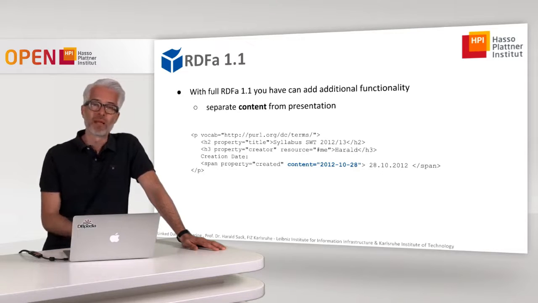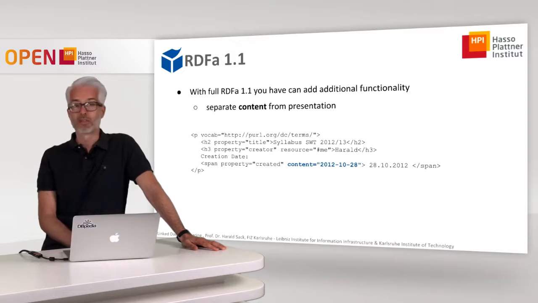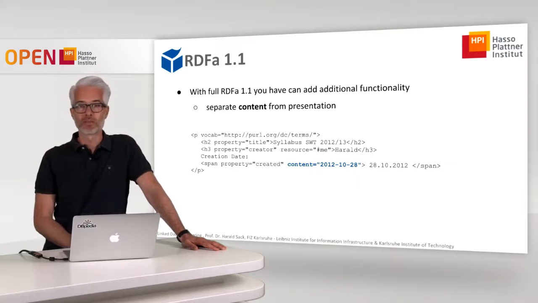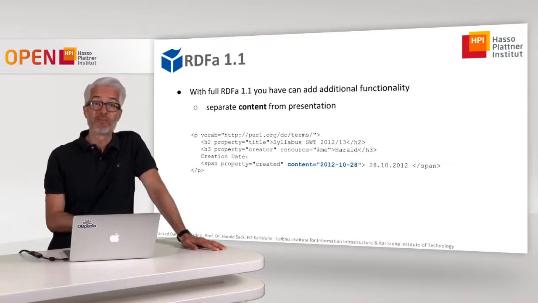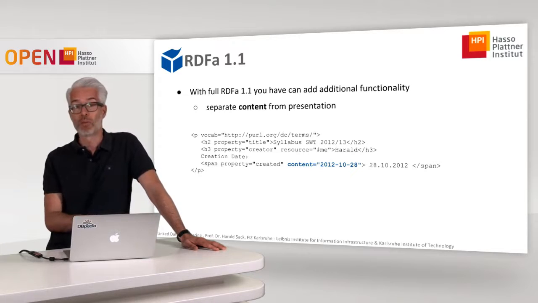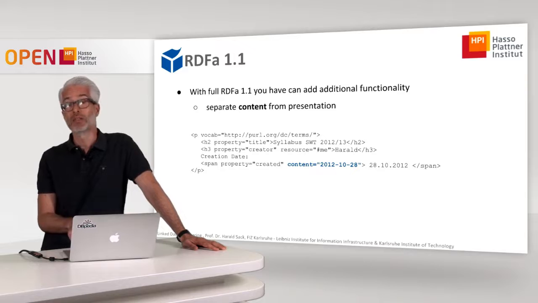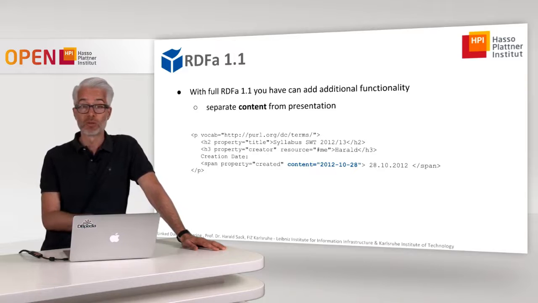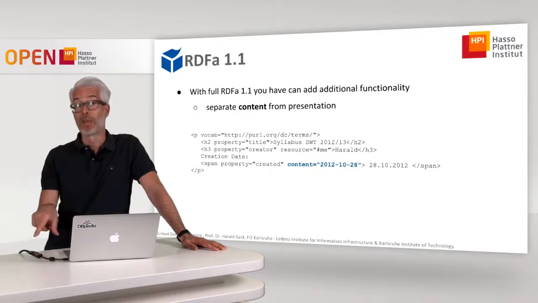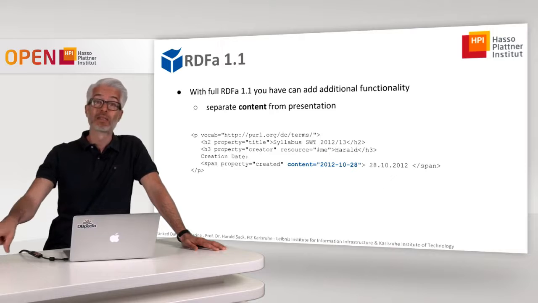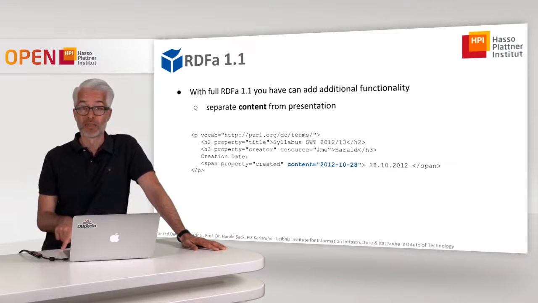What is displayed in the document is 28.10.2012. But what will be extracted if RDF is extracted from the web page can alternatively be defined in another attribute, which is called content. In the content, you can give a literal in a completely different formatting. So RDF takes not the character data, but the literal that has been defined in content.